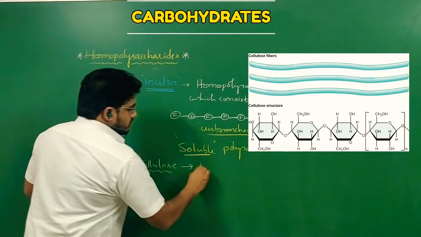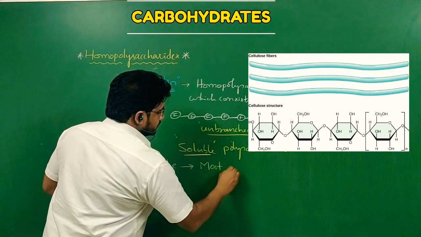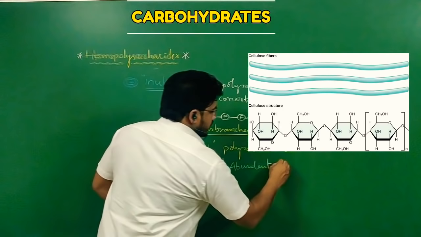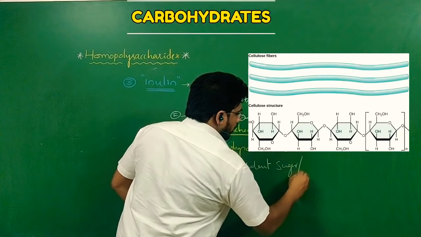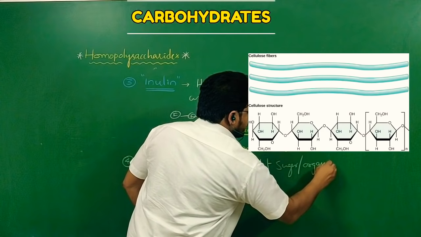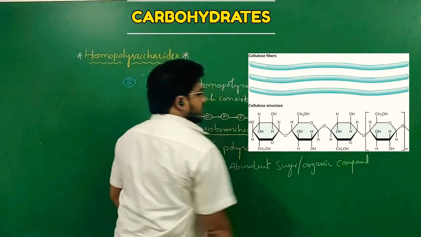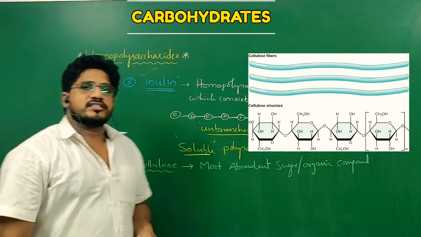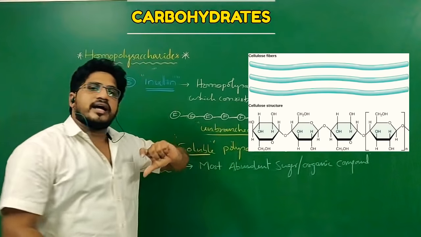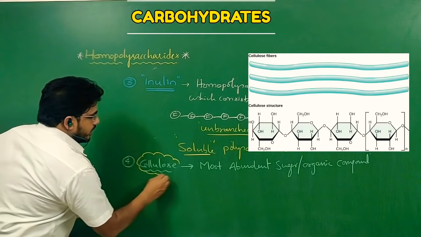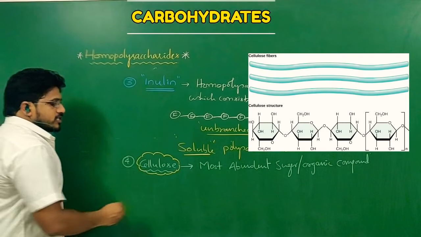Cellulose is the most abundant sugar or organic compound in living organisms, whether in the plants or animals. In the entire living world, cellulose is the most abundant organic compound. Where does the cellulose is present?